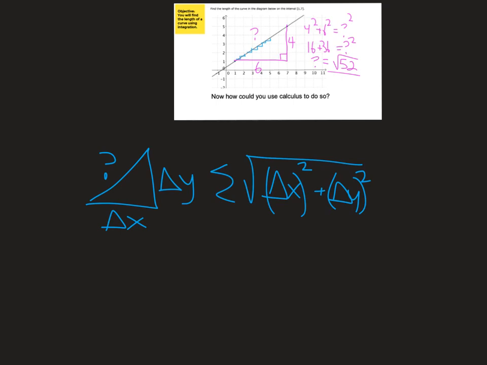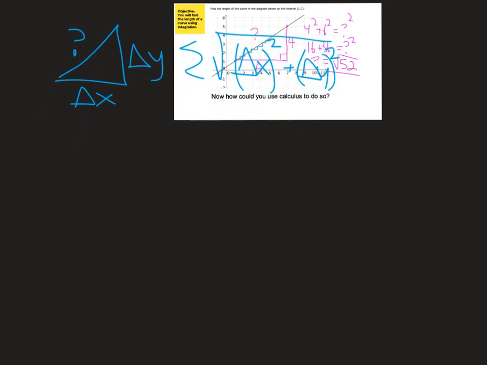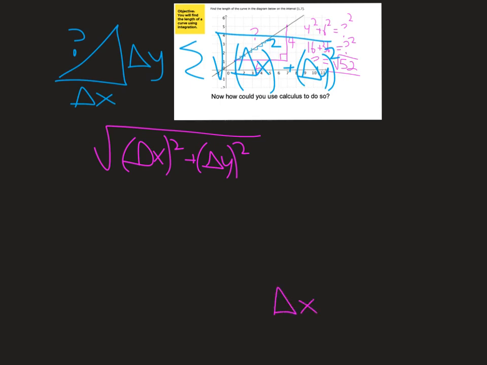So our goal, here's what we want to do. Our goal is to take the square root of delta x squared plus delta y squared and get the delta x out here. Because if I do that, then my life is way easier. So let's see.